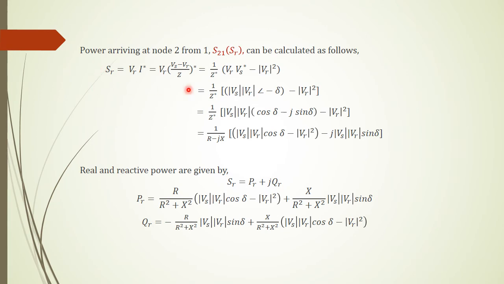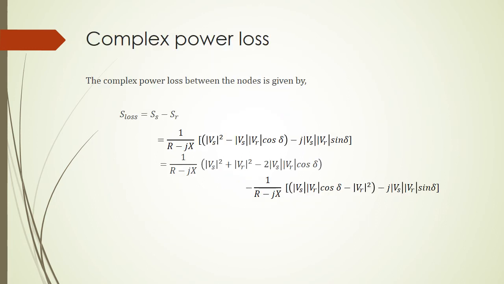At the receiving end, the power equals the voltage at the receiving end times the current conjugate. Similarly, we have the same calculation. Notice that the loss in the transmission line equals the sending power minus the receiving power, and therefore we have also another formula for the transmission line.